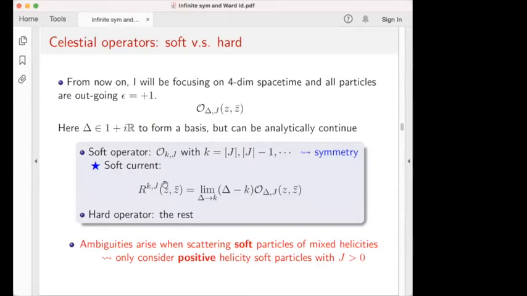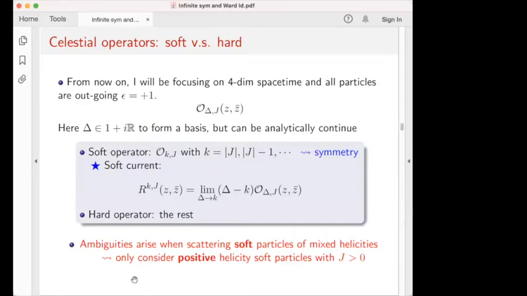The feature of this soft current is that they correspond to some symmetry. And for hard operators, they are just this O delta J, but the conformal dimension does not coincide with any value here.